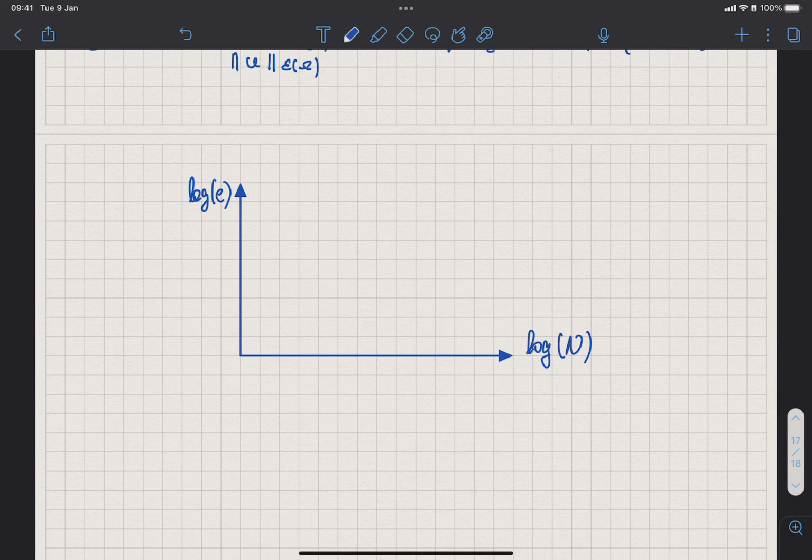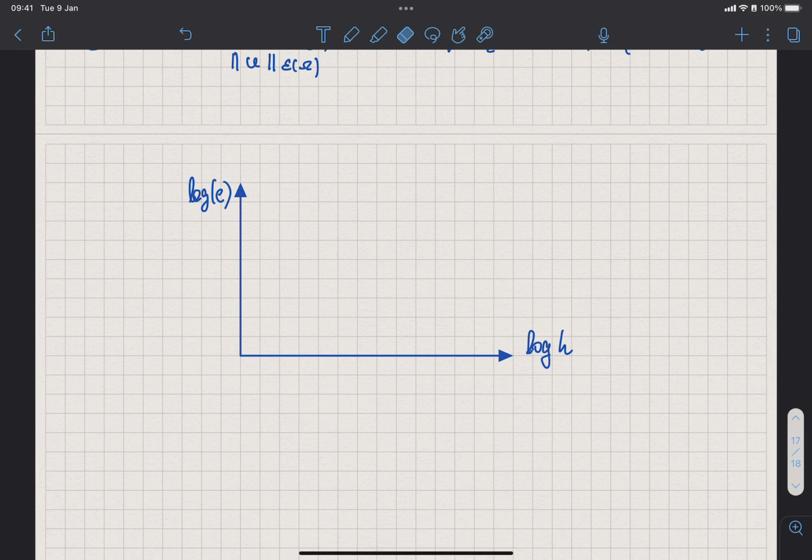So that is going to give me a slope, and I'm going to change the slope to a positive slope because this is h. Before it was the number of degrees of freedom, and of course you would expect that as you increase the number of degrees of freedom, the error goes down.